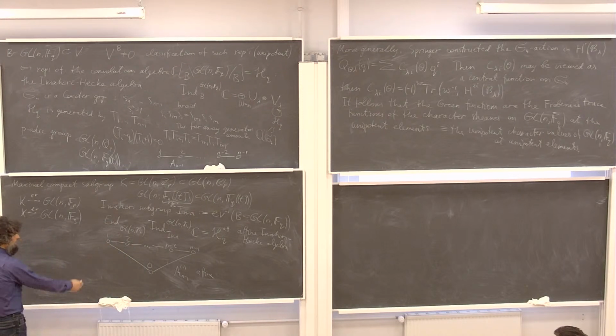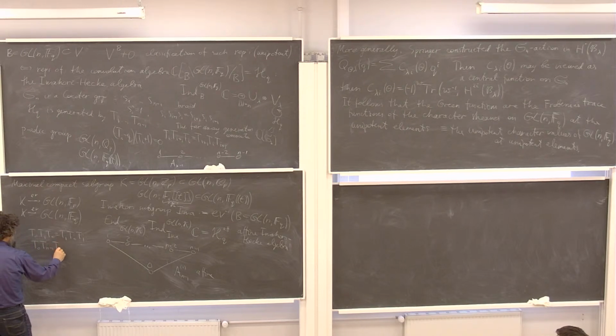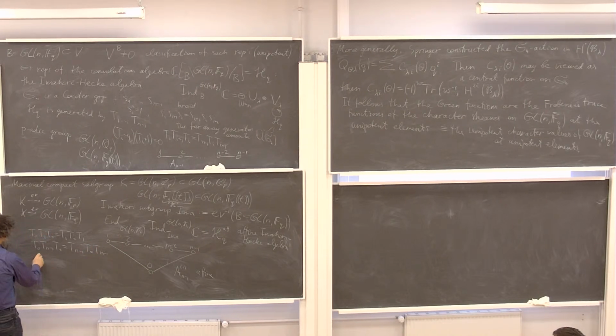Okay, and the relations are just the same. So you have one more generator T0, and T0 T1 T0 is T1 T0 T1, and T0 T n minus 1 T0 is T n minus 1 T0 T n minus 1. And again, T0 minus Q, T0 plus 1 is 0. Okay?